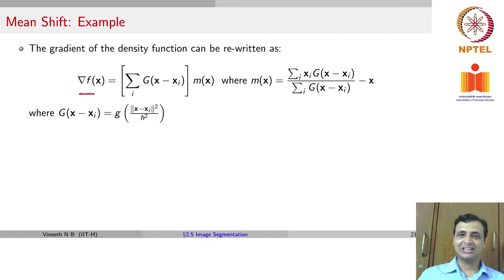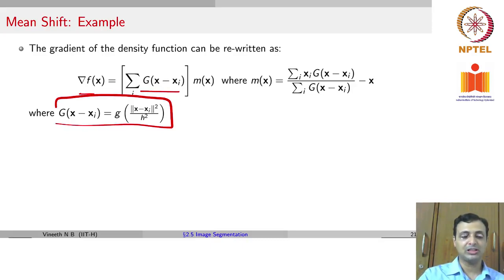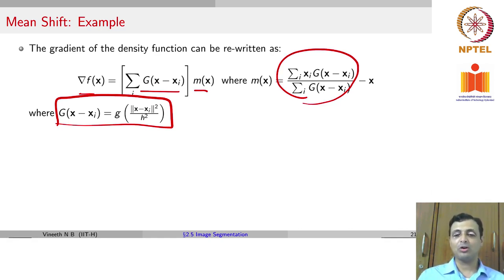We're going to show that this can actually be written slightly differently, where the gradient can be written as summation of capital G of x minus xi, where capital G of x minus xi is simply the same small g that we saw on the previous slide, times m of x, where m of x is a weighted contribution of the x values that you're considering in this particular computation: summation of xi into g of x minus xi, divided by the sum of all g of x minus xi, minus x.